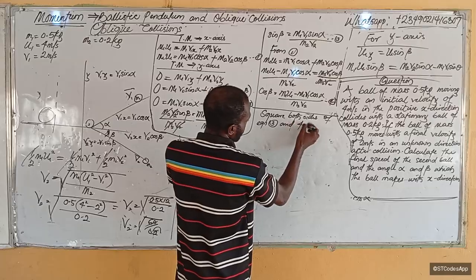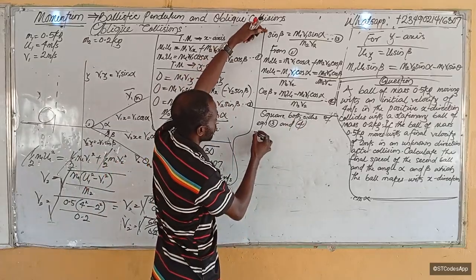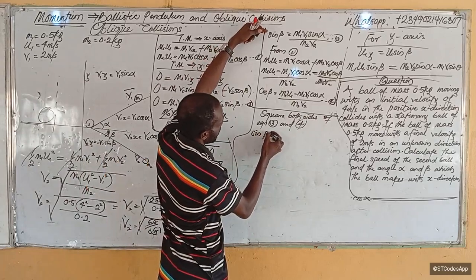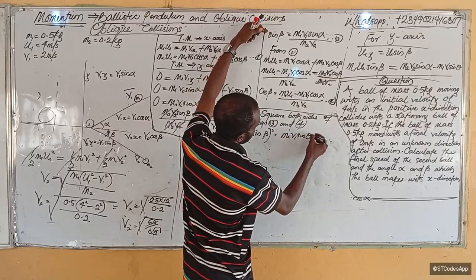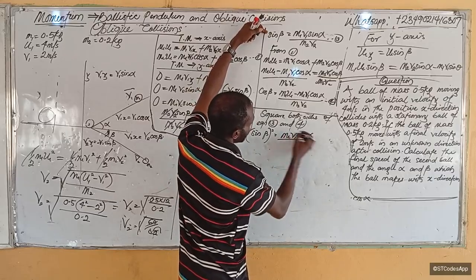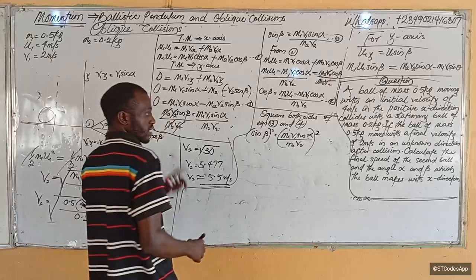If you are a good mathematician, you already know what I'm trying to do, right? If I square both sides for 3, sine beta squared will be equal to m1 v1 sine alpha all squared over m2 v2 all squared. Is that clear?